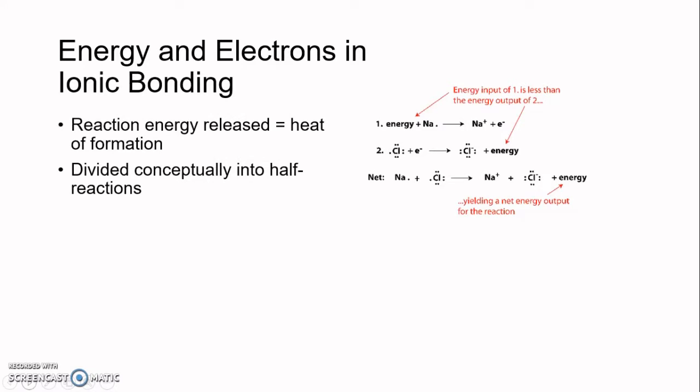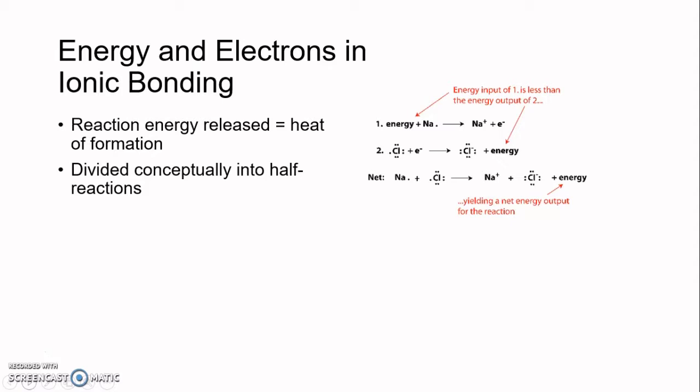Now, when you have an ionic reaction, there's often energy released in the process, whether in combining the two elements or splitting the compound. One way or another, energy is released. It's easier to look at this if we divide the formula into half reactions.